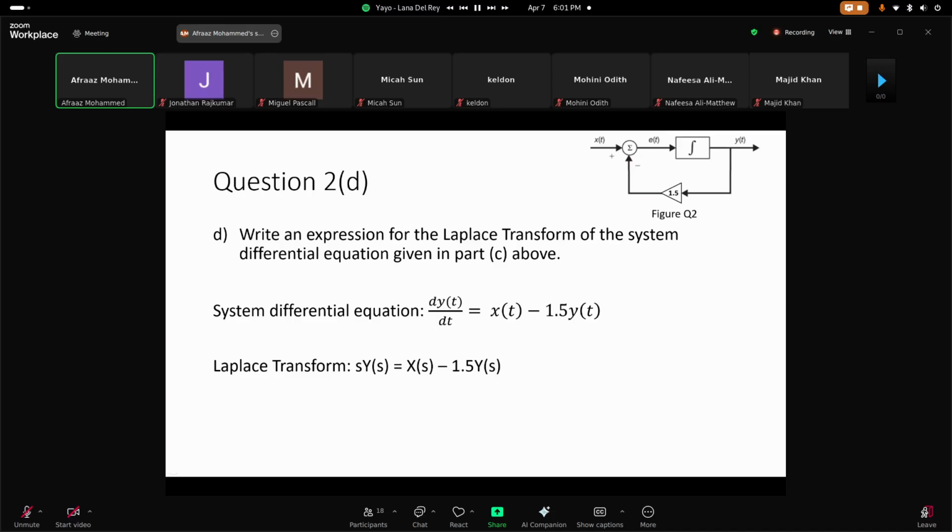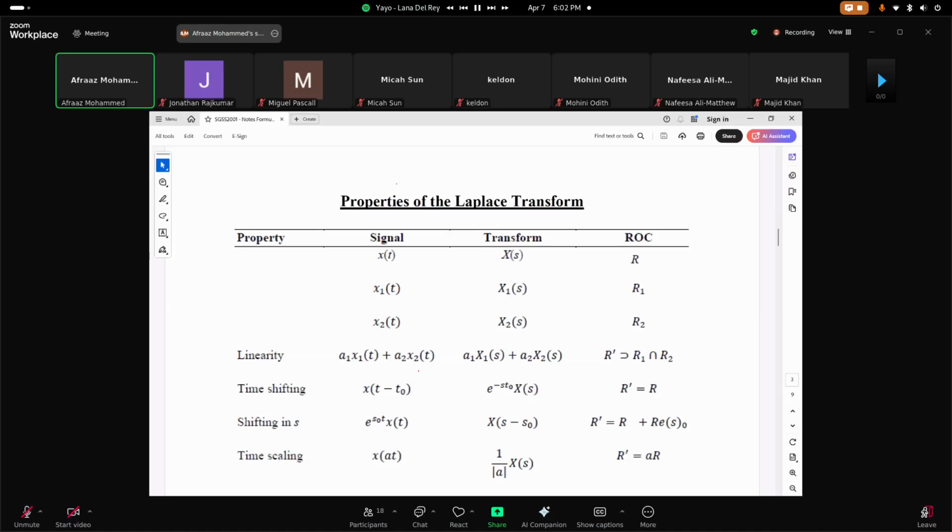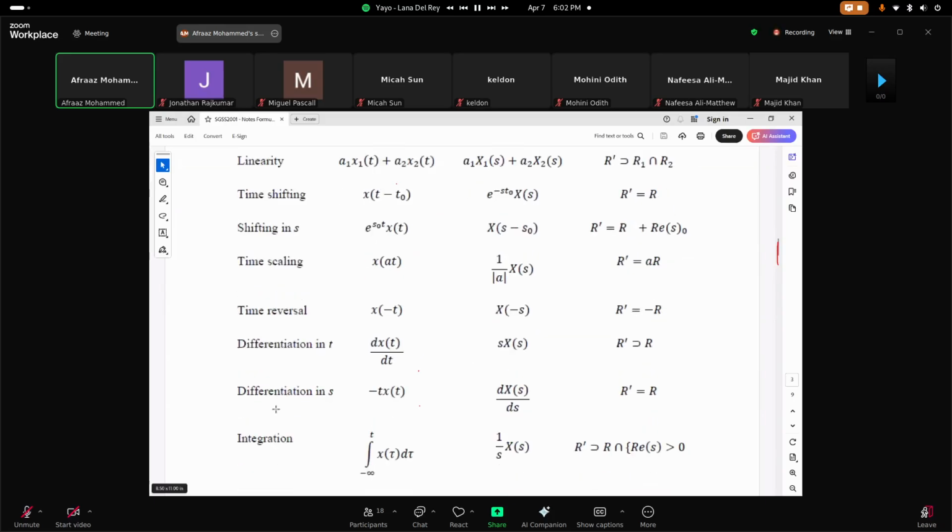Here it is: the derivative of x of t goes to s times capital X of s.